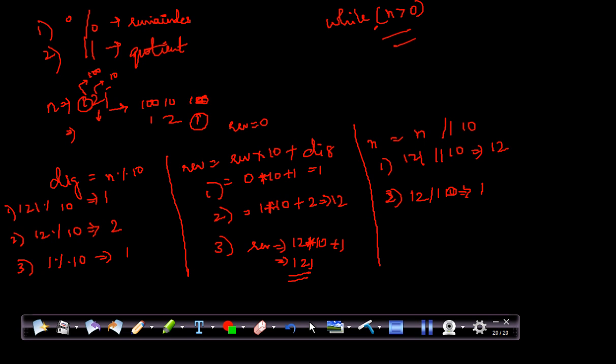You have to write three statements: one is modulo, one is the reverse, and one is the floor operator. And in the if statement, if the original number is equal to the reverse, then you have to print that the number is a palindrome, else it is not.